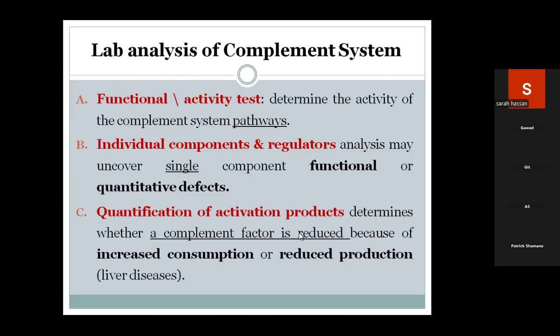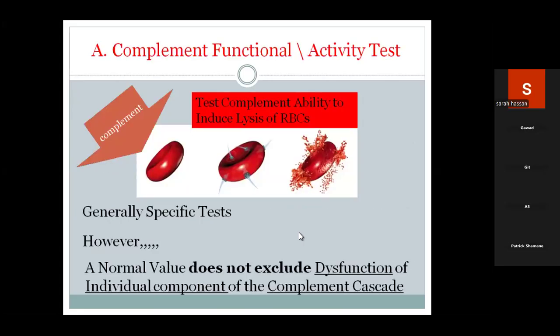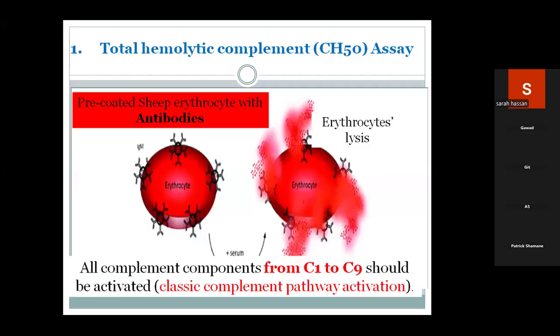A normal value does not exclude the presence of dysfunction in individual components of the complement cascade. The most commonly used assay is the total hemolytic CH50 assay, and it screens for all components, where erythrocytes pre-coated with antibodies will interact with the patient serum to induce lysis. Why antibodies?